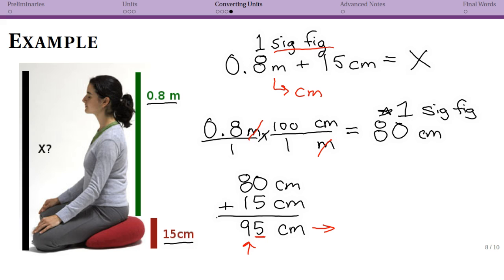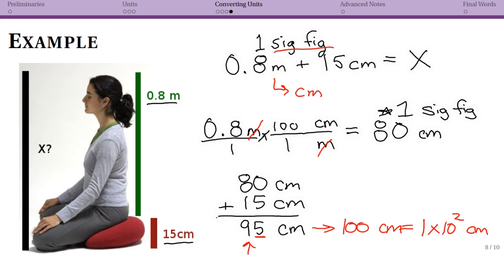That's going to make this 100 centimeters. One thing to note is that that could look like it's actually 3 sig figs, like maybe those zeros count. So you could write this as 1 times 10 to the 2 centimeters, and now it's very clear that you only have one sig fig.